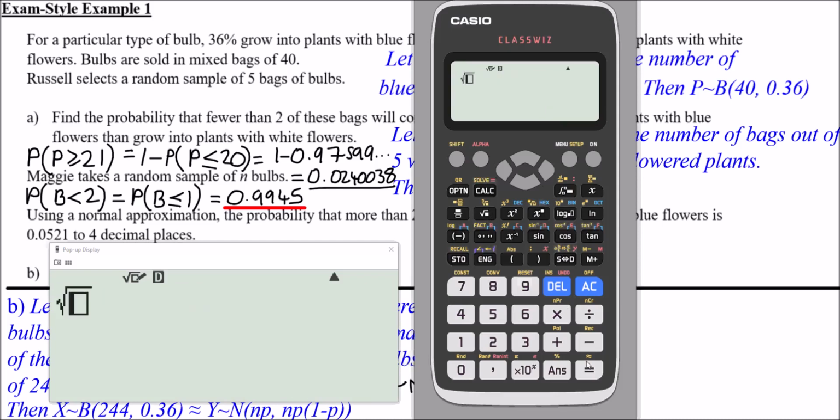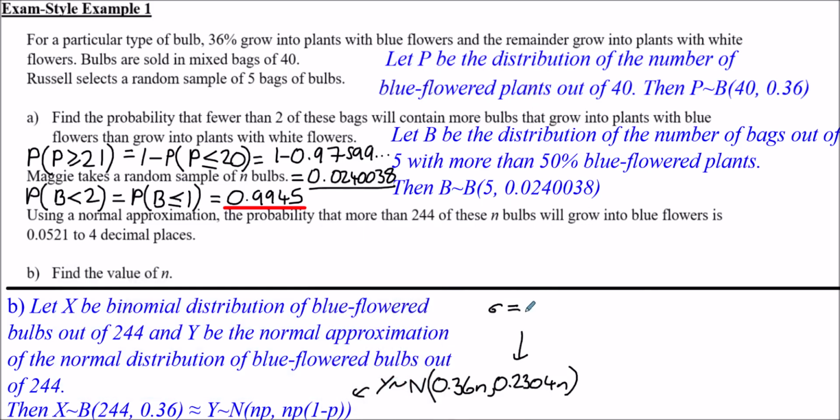I'll just square root that answer. I get 0.48. So sigma is the square root of 0.2304n, which is 0.48 root n. So now I can think about what this distribution looks like. I want to find the value of n. Let's use this information that we're given here.